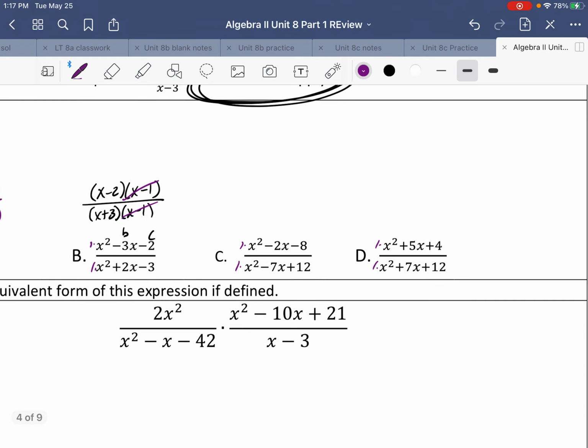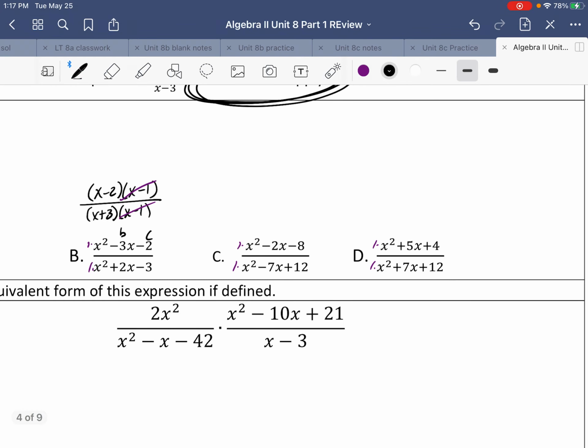No, close, not quite. C, we have what two numbers multiply to negative 8 that add up to negative 2, minus 4, plus 2. The denominator, what two numbers multiply to positive 12 that add up to negative 7? It's negative 4 and negative 3.